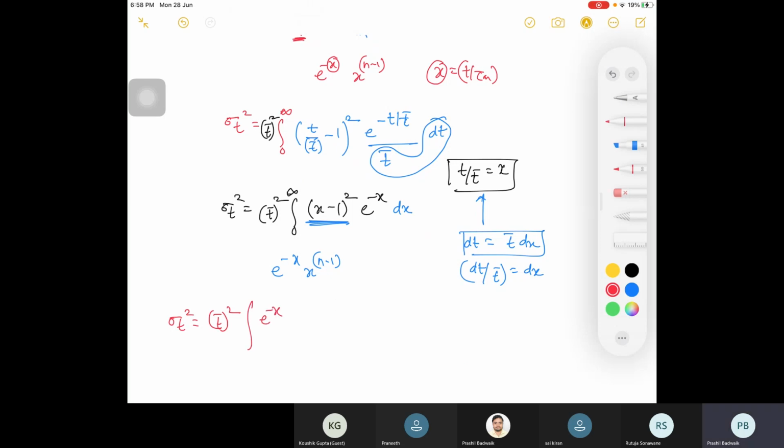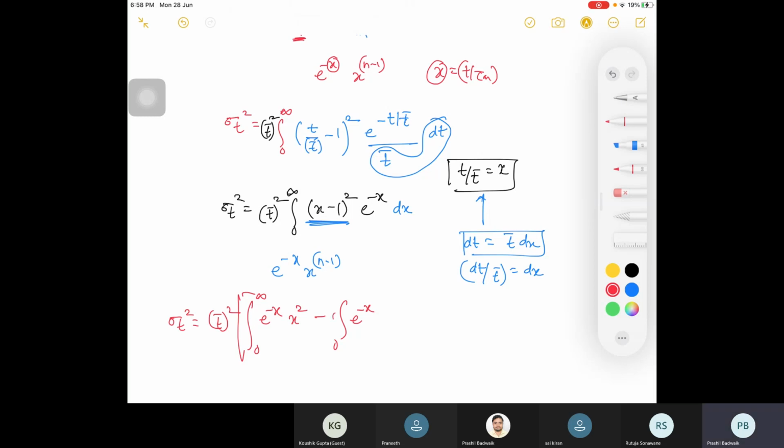Then you are having e power minus x. Then you will be having first x square, then integration 0 to infinity, same here, e power minus x. Second term will be your twice ab, that is 2x.